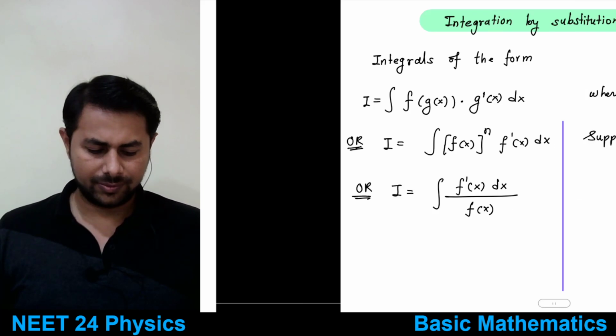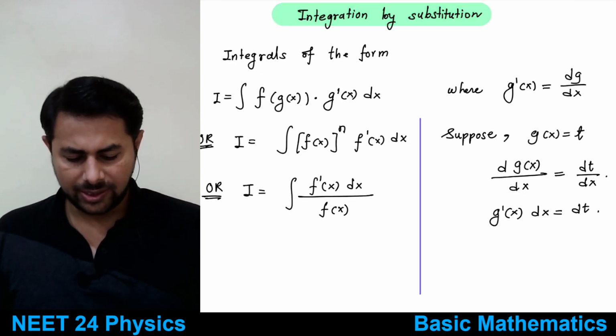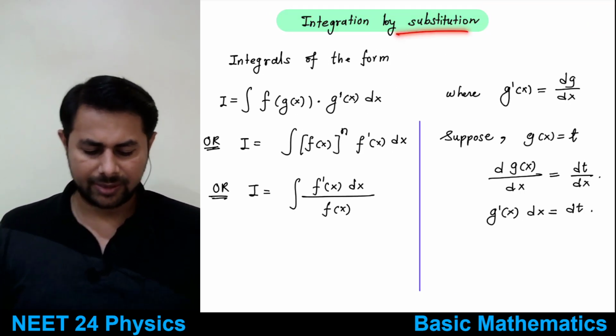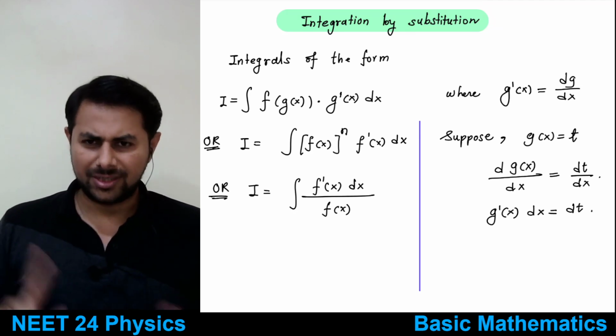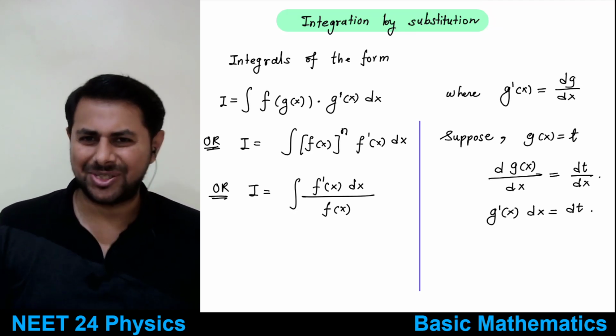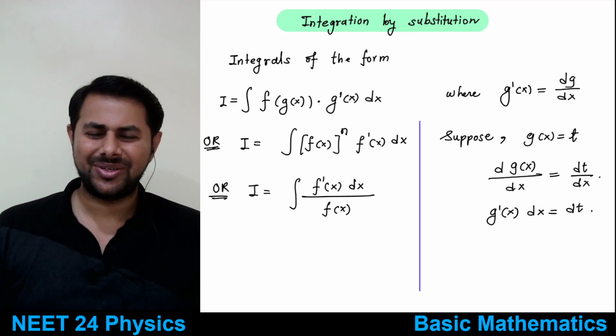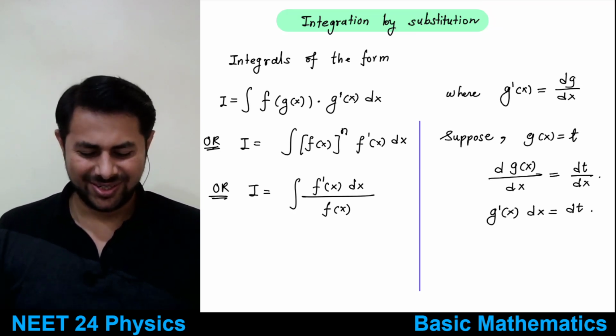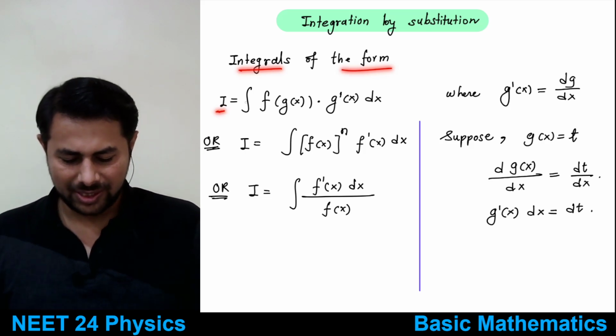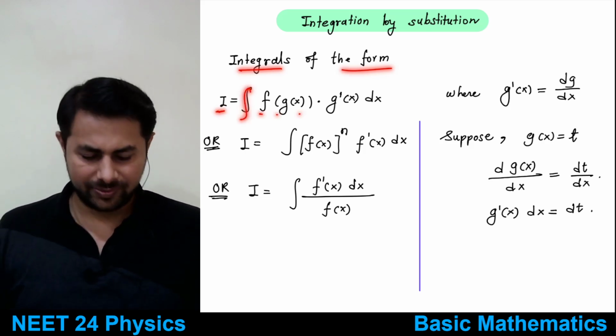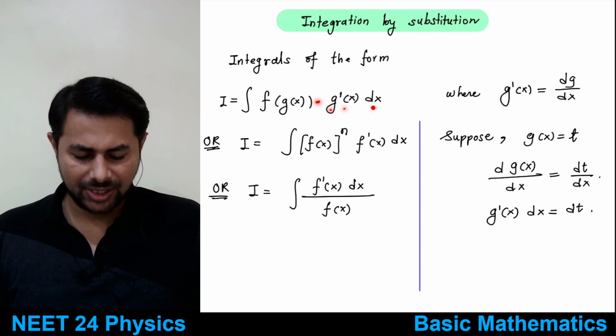Then next is integration by substitution. That thing also was integration by substitution, but more or less we can do it by inspection. So next, suppose you have integrals of the form integration of f of g x times g dash x dx.